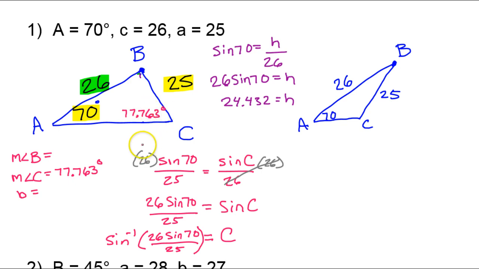77.763 degrees. Now I could easily find the measure of angle B because these angles have to add up to 180. So I'm going to just subtract these two from 180.